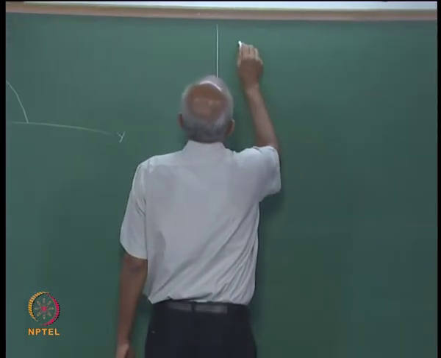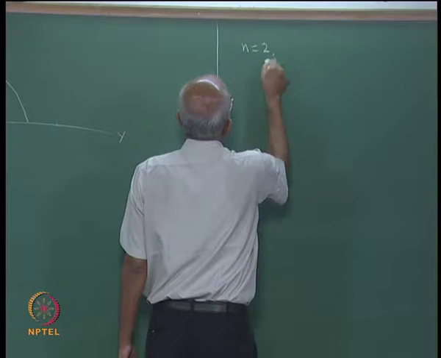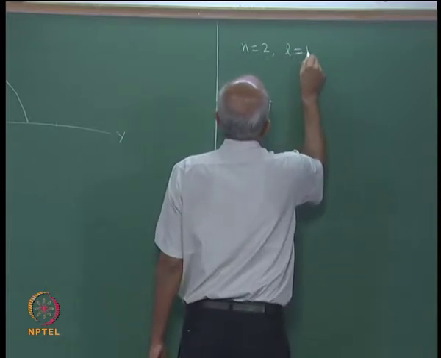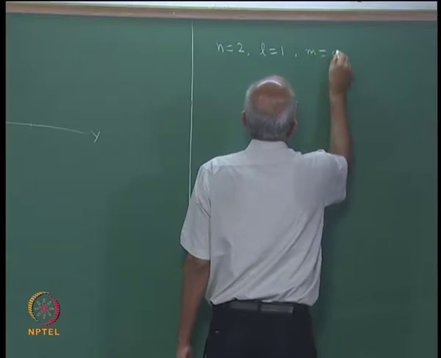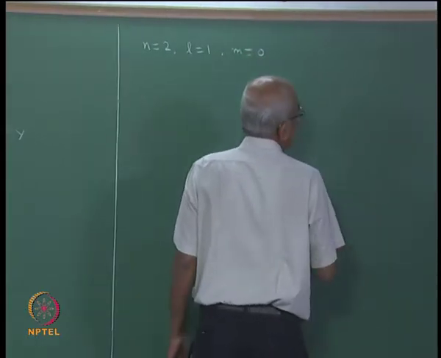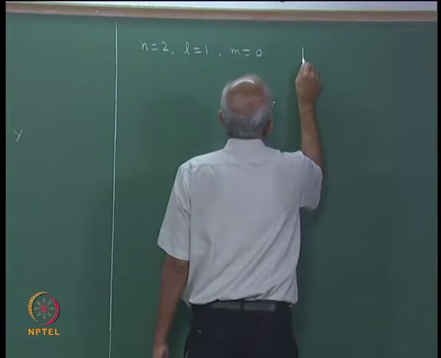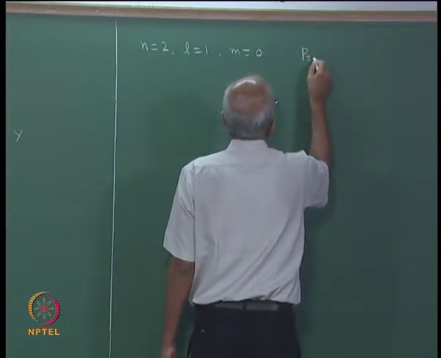I am thinking of n is equal to 2, L is equal to 1, and then I said m is equal to 0. This gives me this particular atomic orbital, which we normally refer to as a pz atomic orbital.